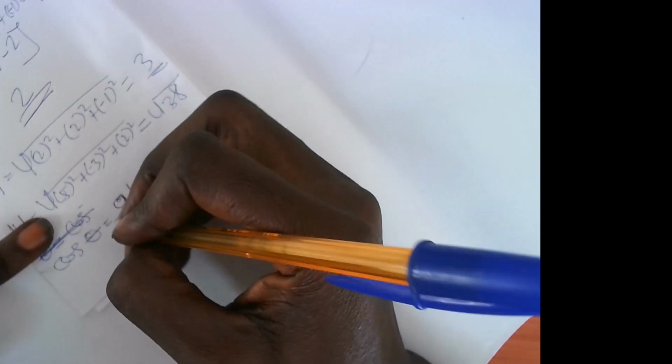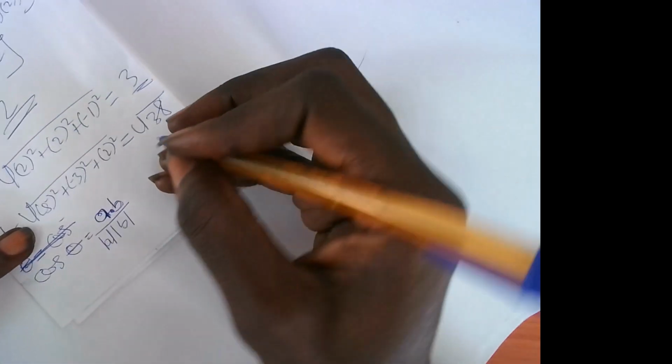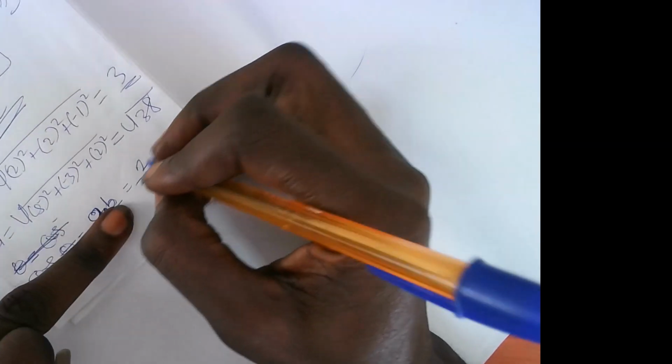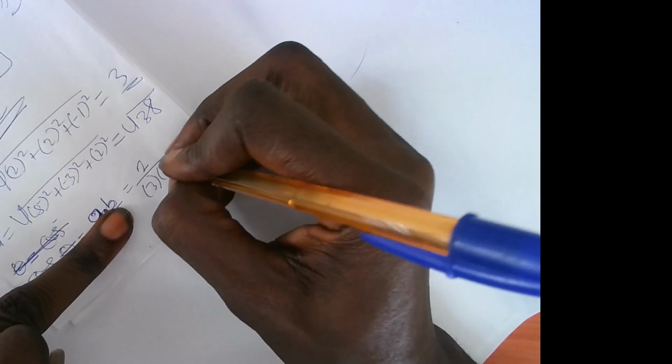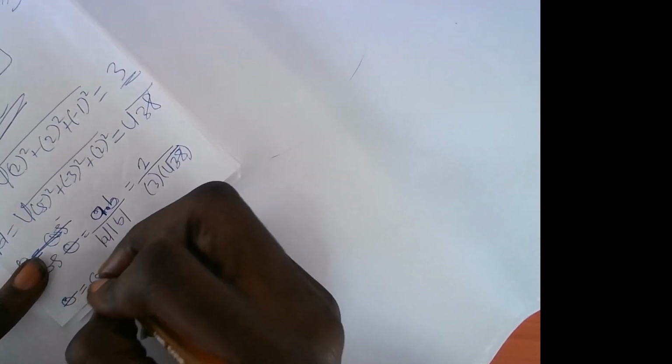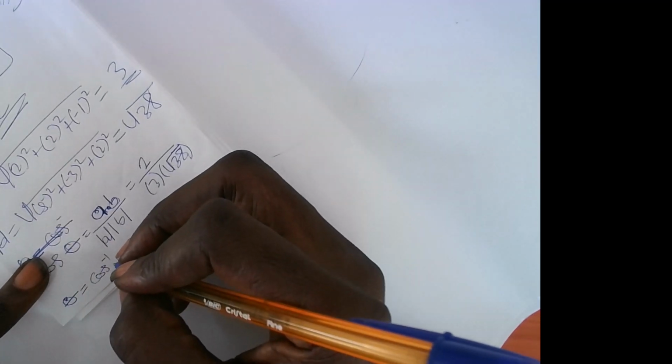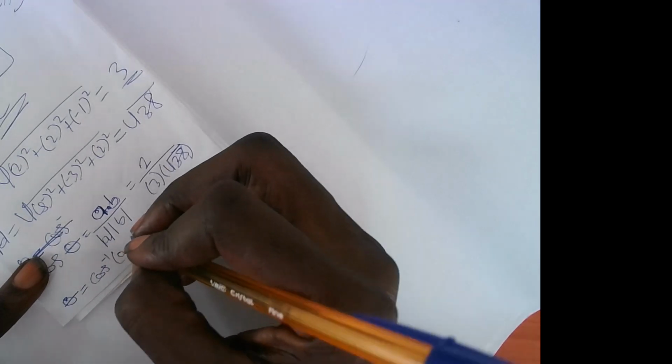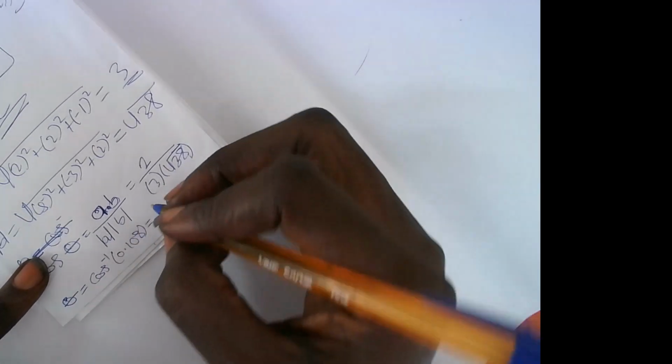We got 2, and then 3, and then root 38. So theta is going to be cos inverse of what we get here, which is 0.108, which is 84 degrees. In that case we find the angle between A and B, which is 84 degrees.